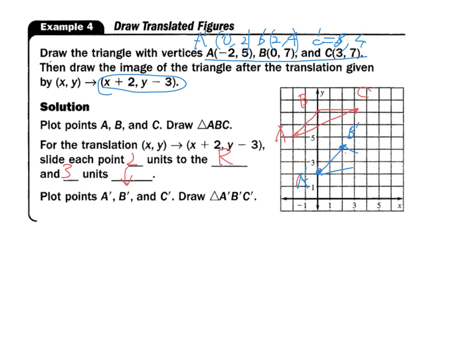Oops. Come on. 1, 2, 3. C prime is there. There. Much better. That makes me a much better artist. There. At least I can draw a triangle with straight lines. There we go. That looks a little bit better, right?